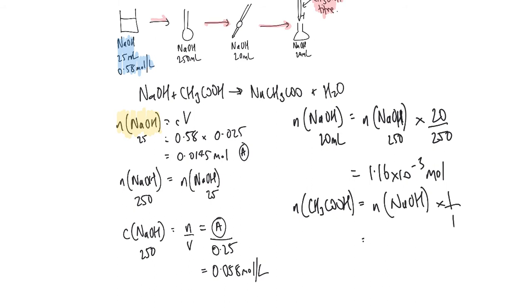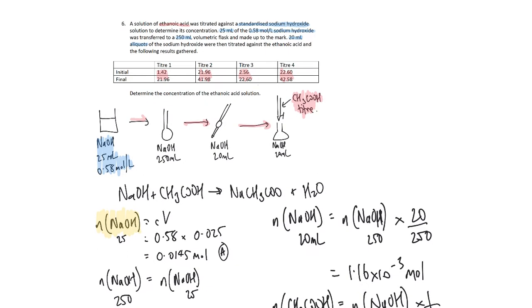Where did I get this from? It'll be from the balanced equation. Which means that they are equal, and that I have 1.16 times 10 to the negative 3 moles in each of the titers, or at least the average titer. Okay, so what we can then do is work out, we are now in the burette.